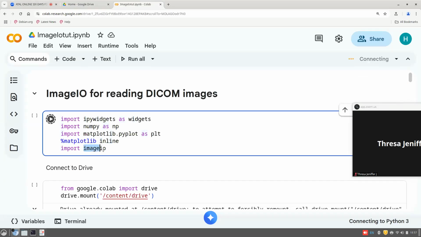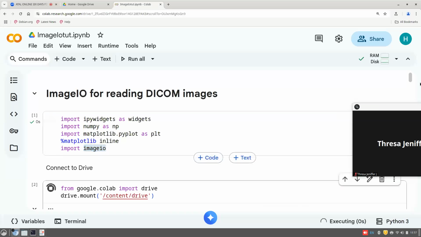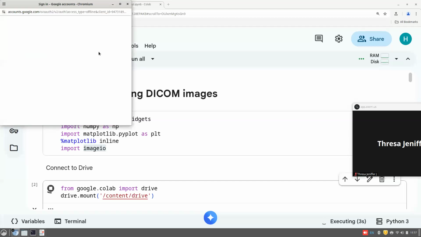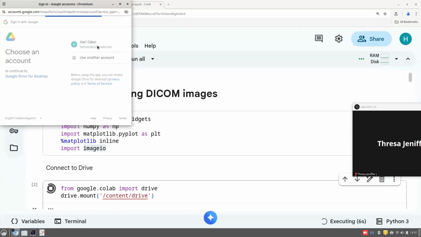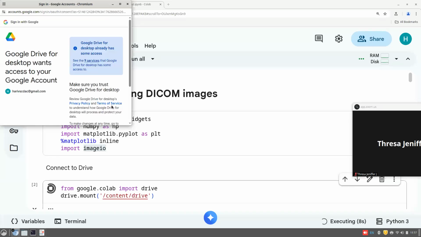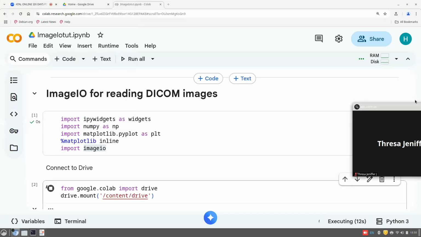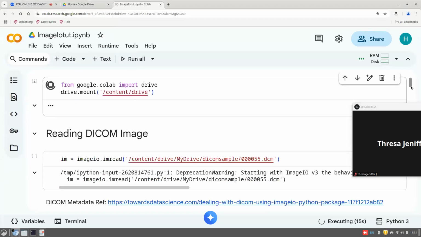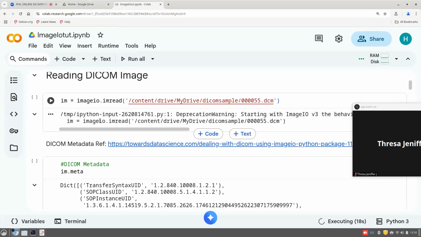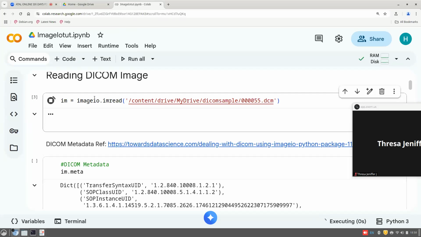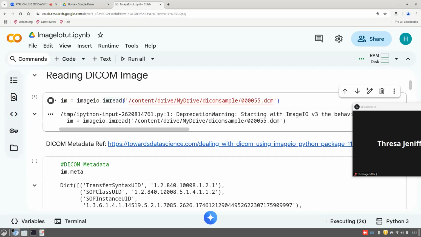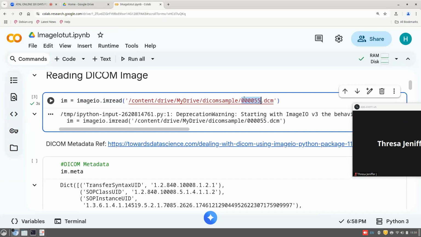Here you have to import imageio, and I am again connecting to my Google Drive to access the DICOM files. Instead of dcmread in the PyDICOM library, here we use the imageio.imread function. I am reading this CT scan image 000055.dcm.